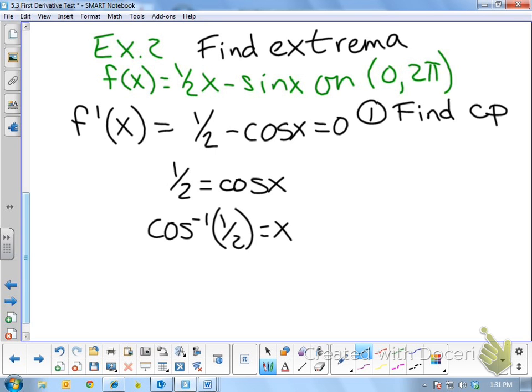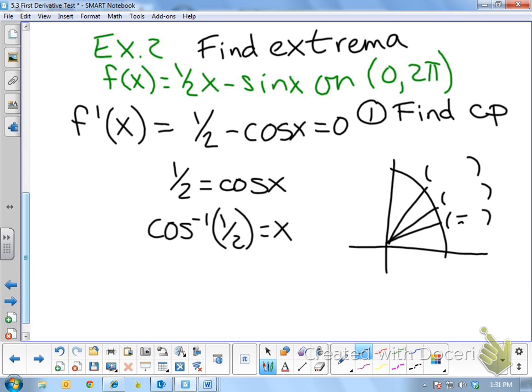So we have to think back to our unit circle. Sometimes I actually write out my unit circle because I can't seem to ever remember it. But we really just need one quadrant, and then we could find the rest of the quadrants. So we know 30, 45, 60. We know they're all over 2.